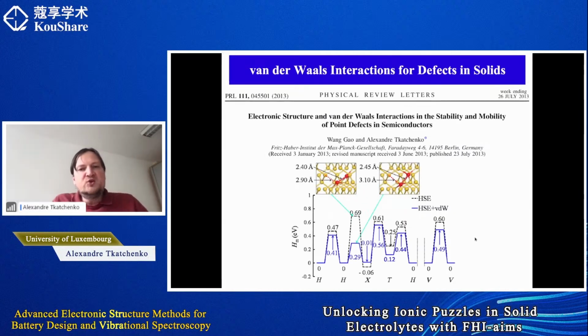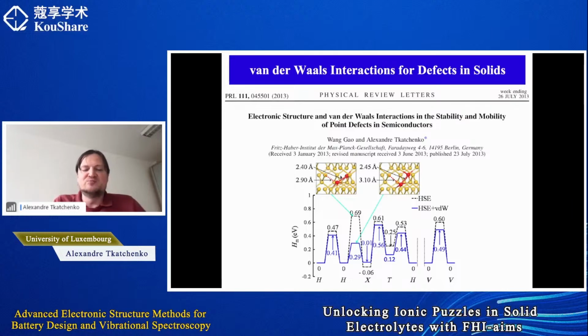Now going beyond hard solids, to actually realistic solids, so solids with defects, which of course connects to the main topic of this talk, which is solid electrolytes. We also did early work with my former postdoc Yang Gao at the Fritz Haber Institute, looking at what happens in terms of van der Waals interactions for defects in solids. So this is actually a work for silicon, right?